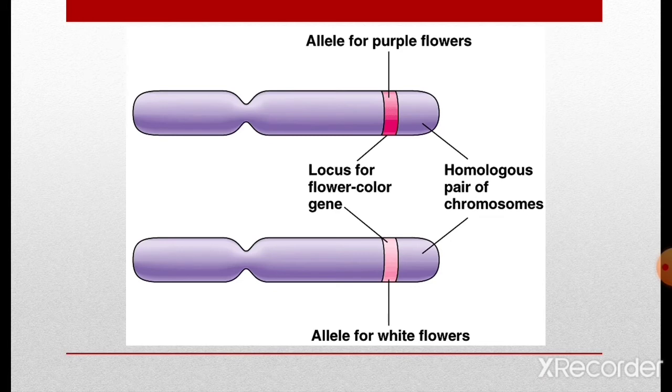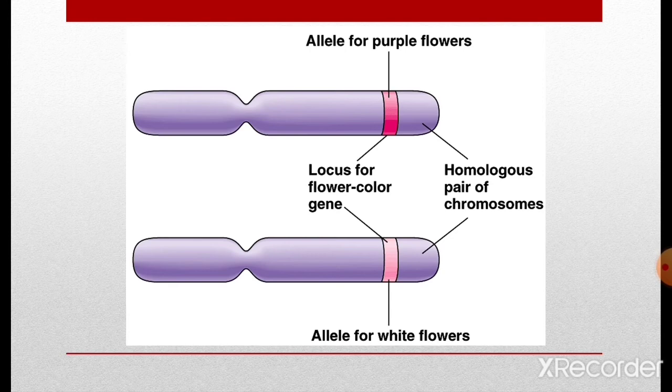For example, in this figure, there is one pair of homologous chromosomes which has a gene responsible for color of flower. The gene present in the uppermost chromosome is responsible for purple color flower, while the gene present in the lower chromosome is responsible for white color flower.